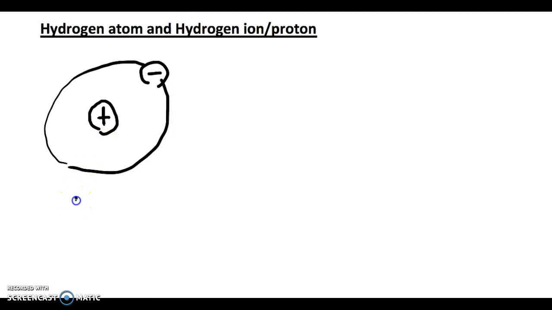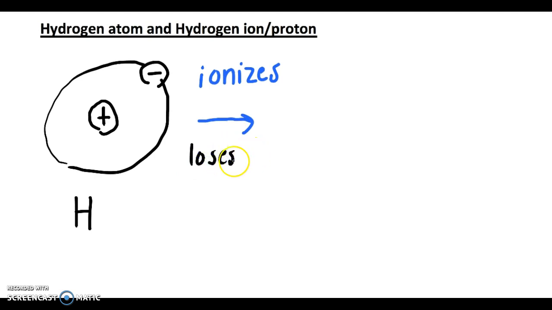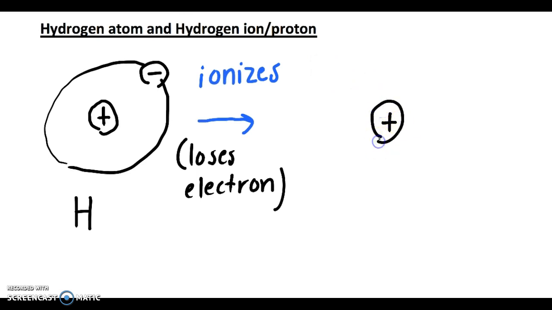So here would be H. When this ionizes, when it loses its electron, all that's left is a proton in the center. So that's why we call these guys protons. So we indicate this with an H plus.